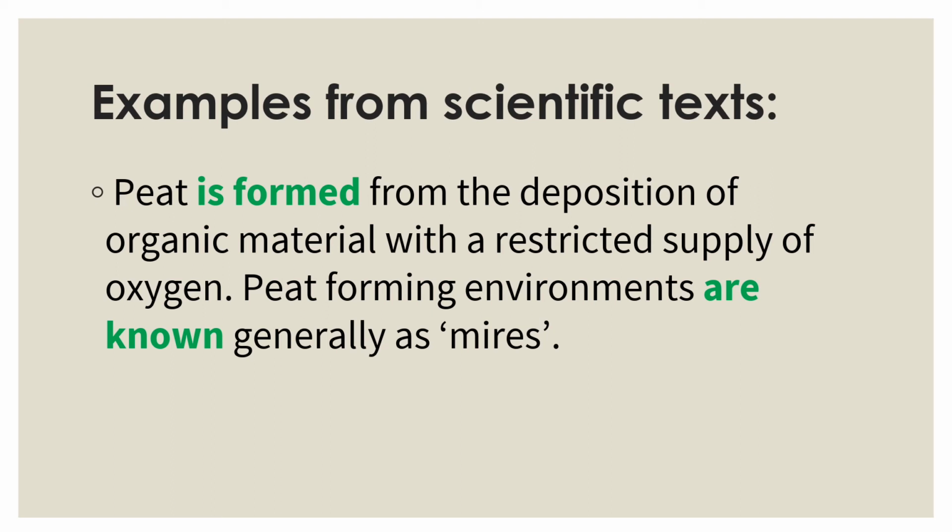Some more examples. Peat is formed from the deposition of organic material with a restricted supply of oxygen. Peat-forming environments are known generally as mires. So, are known, is formed are examples of the passive voice, present indefinite tense.